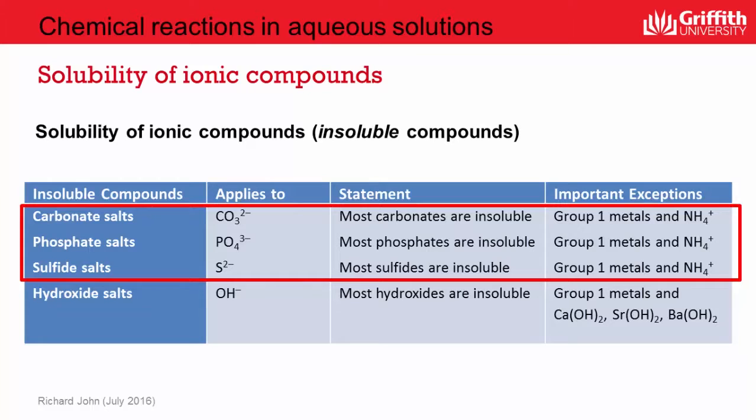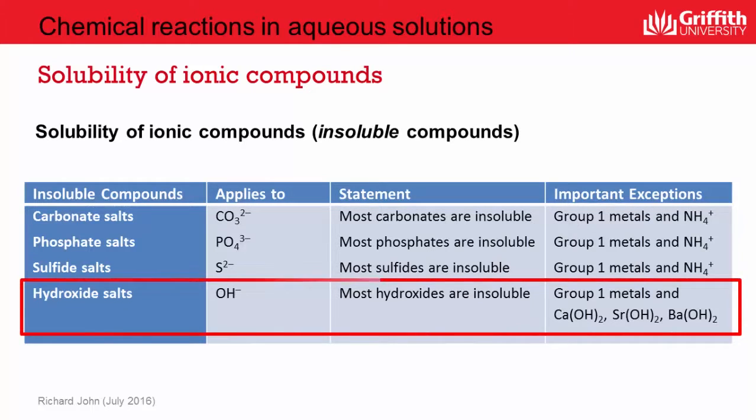The same goes for hydroxides. Most hydroxides are insoluble, the exceptions being the group 1 metal hydroxides, that's lithium hydroxide, sodium hydroxide, potassium hydroxide, etc. And the exception here again being the heavier group 2 metals, calcium, strontium and barium hydroxide.